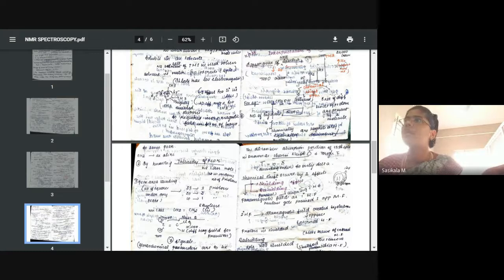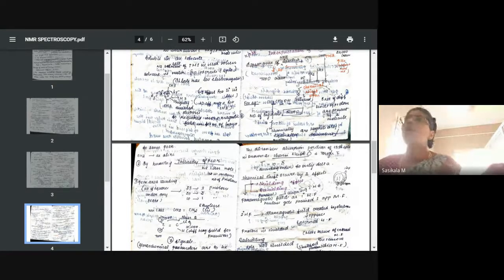Not more than 10 parts per million for proton NMR, though it can extend up to 20. For carbon 13 NMR, the chemical shift will be 0 to 200 parts per million. In hundreds we will be getting shift values for carbon 13 NMR, whereas for proton NMR it will vary from 0 to 20 parts per million.